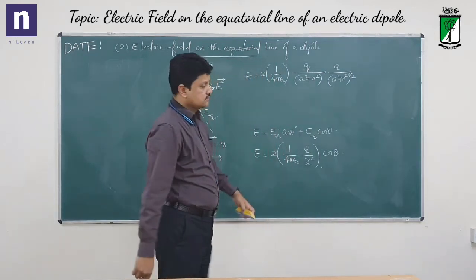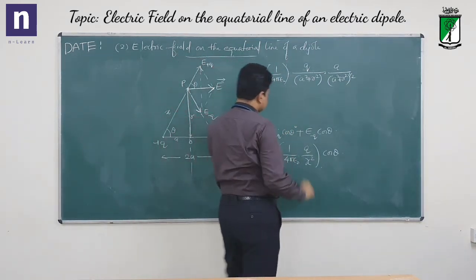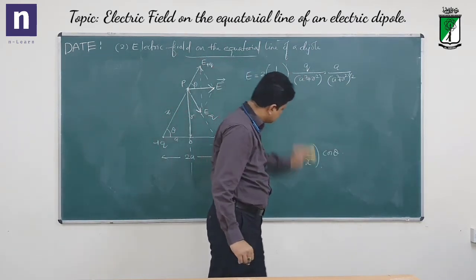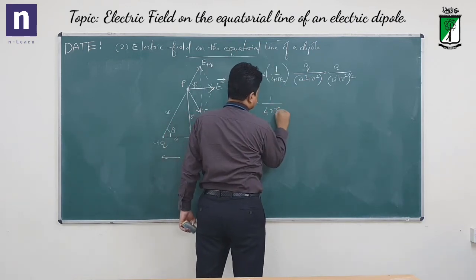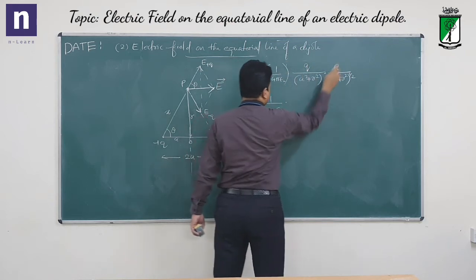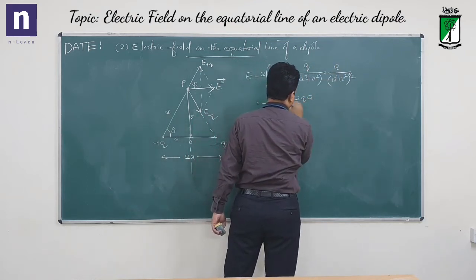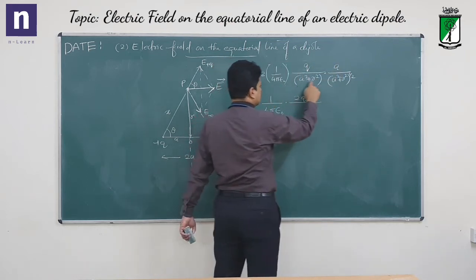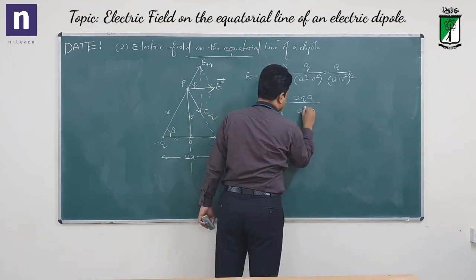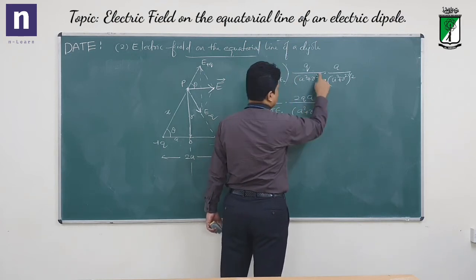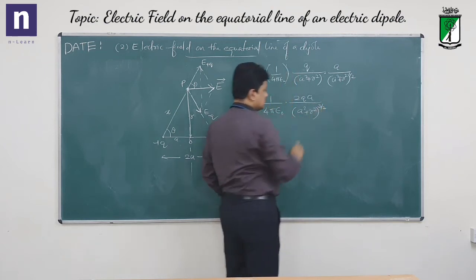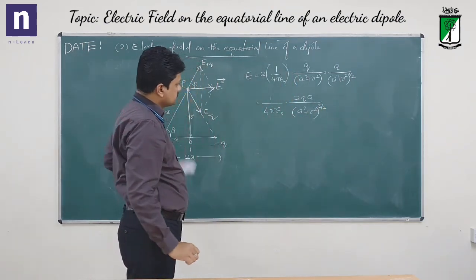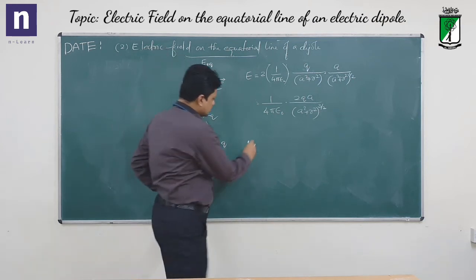Okay, now this is nothing but equal to, so let me just take 1 by 4 pi epsilon naught here, 2Qa divided by a square plus r square, 1 and a half, which is nothing but 3 by 2. So that's the total field.